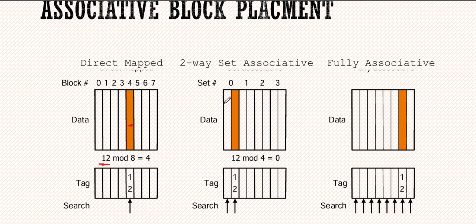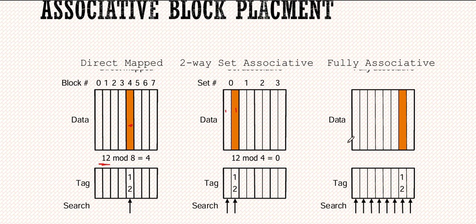When I do 20 modulo 4, it will also give me 0. However, I will not replace this one because there is space for it. But if I'm coming to look for it, I have to search both of them. When it was direct map, I just knew that it is always here, and I don't have to search anywhere.